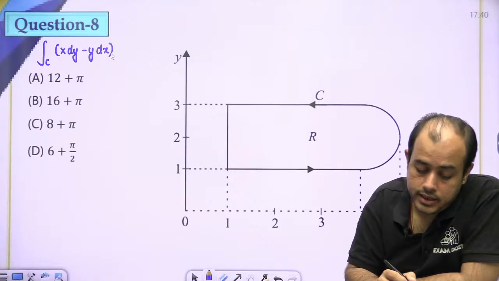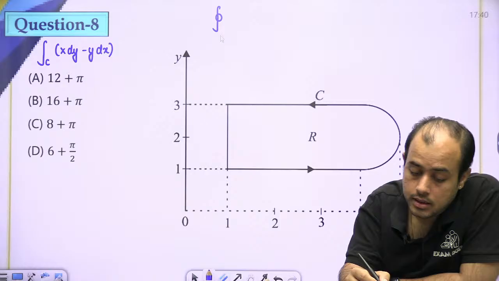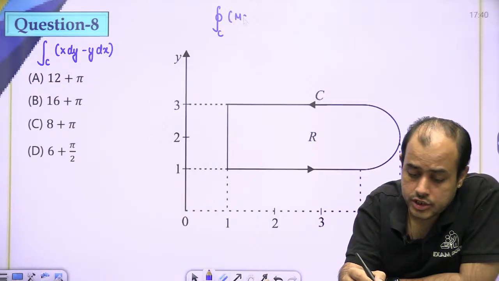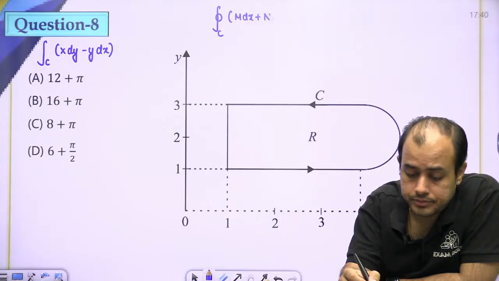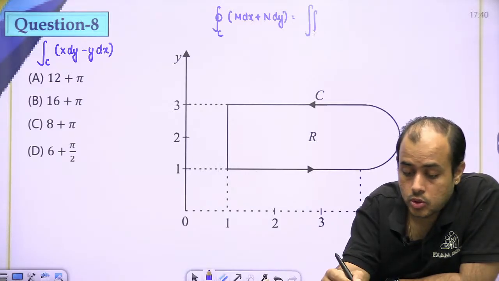Now beta, here you can use Green's theorem. So it is a 2D version of Stokes theorem.